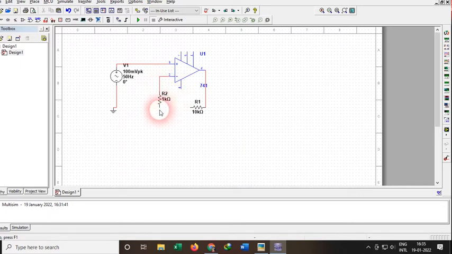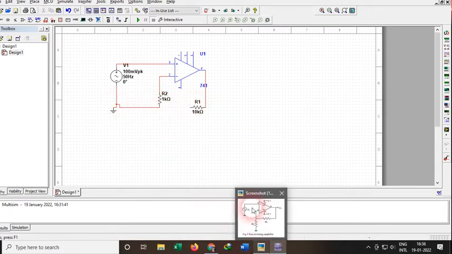Now we have to connect this resistor to the ground. We could take another ground, or we could simply connect the other part of the resistance to this ground only. There is no issue connecting it to the same ground, because another ground would act in the same way as this one. So I have done this.